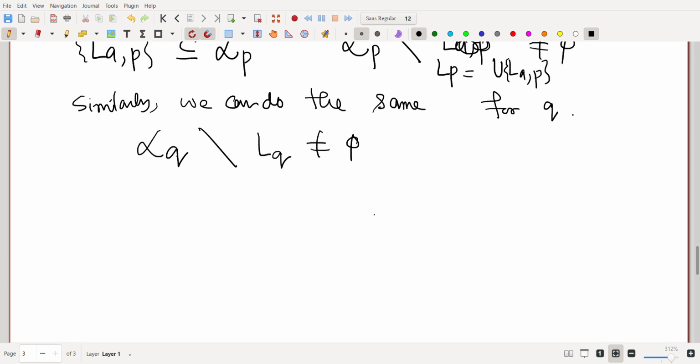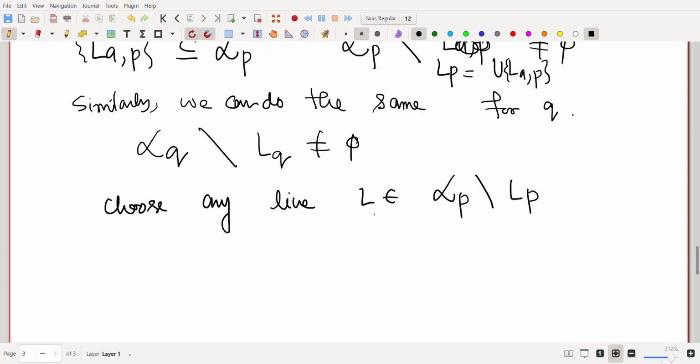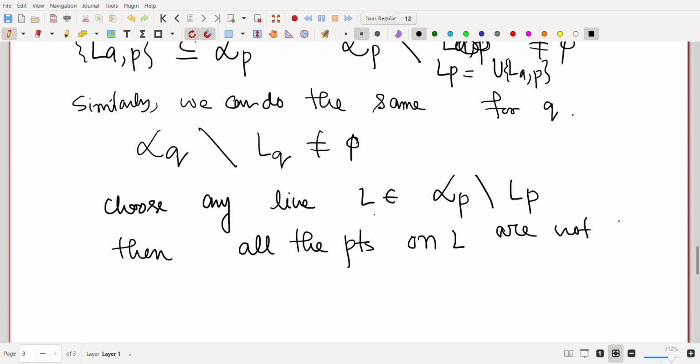so if you choose any line, then all the points on L are not contained in A, because we have already removed those lines.